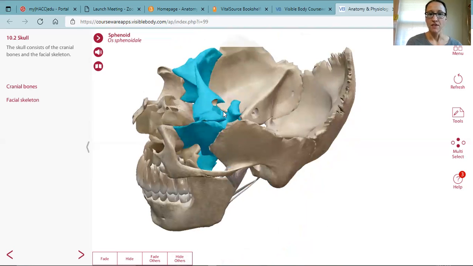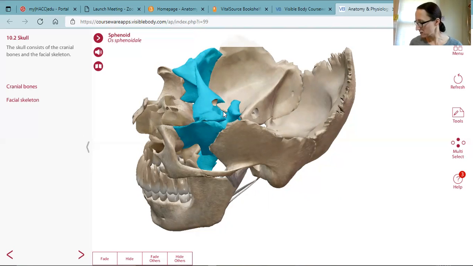This landmark is called the sella turcica. S-E-L-L-A, T-U-R-C-I-C-A. I don't know if that's in your book anywhere soon or not.